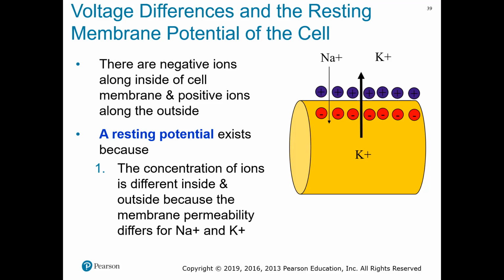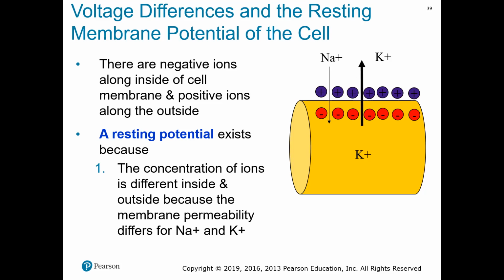There are lots and lots of positive sodiums outside the cell, and fewer positive potassiums inside the cell. So even though they're both positively charged ions, if you have a lot of sodiums outside and fewer potassiums inside, the inside of the cell is considered negative with respect to the outside. In other words, the outside's positive and the inside's negative.